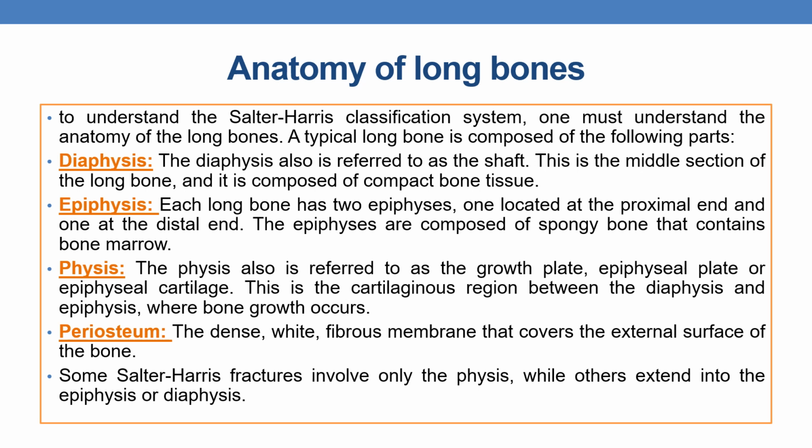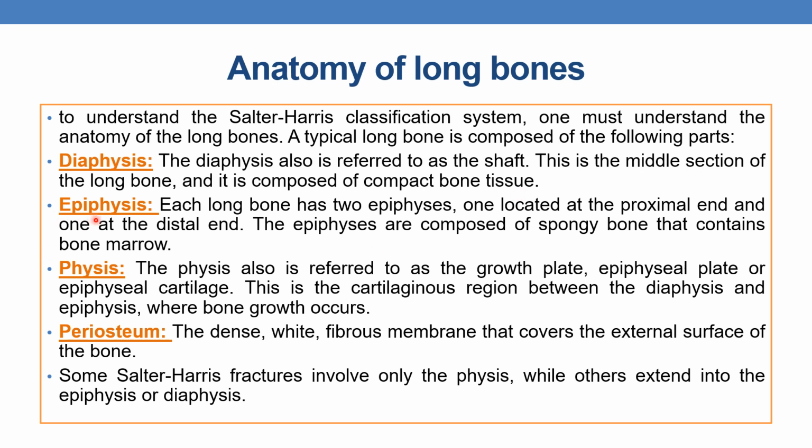Now, before going into physeal fractures, let us briefly discuss the anatomy of a long bone. Bone has these parts: diaphysis, epiphysis, physis and periosteum. Diaphysis is also called the shaft. This is the middle section of the long bone and it is composed of compact bone tissue.